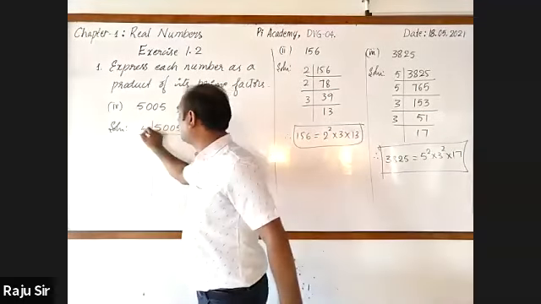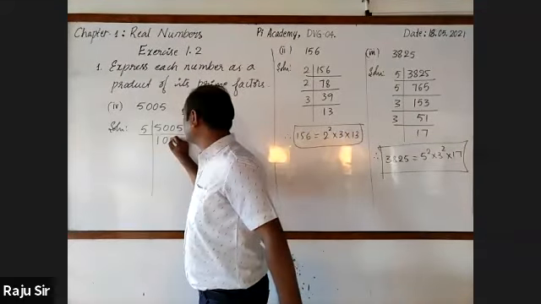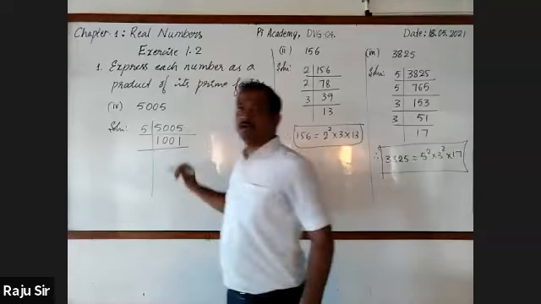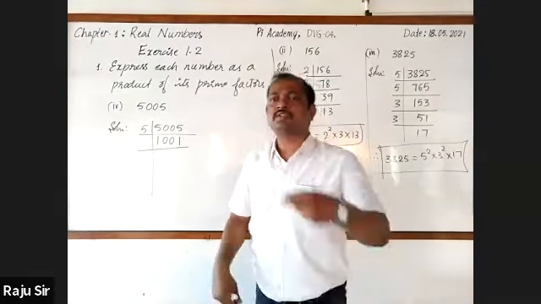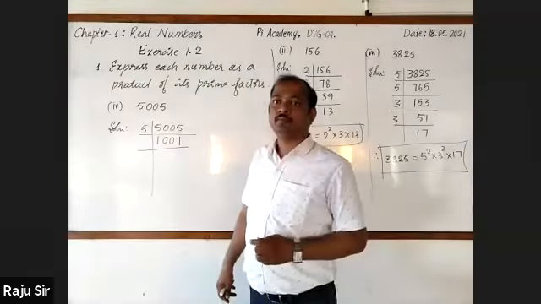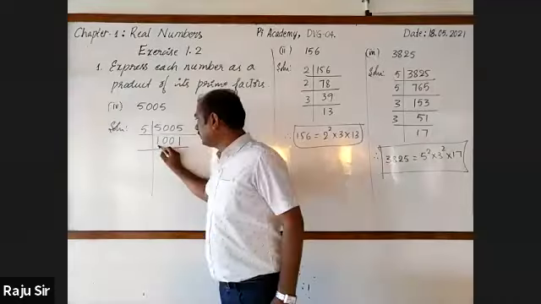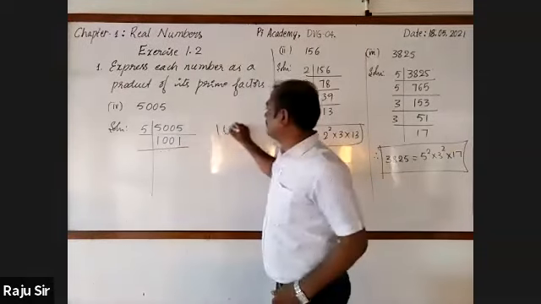Start dividing by 5. 5 ones are 5, zeros, 1001. Is it divisible by any number? You can just recall the divisibility rule. 7. 7 sevens are 49, very good. Here 1, 0, 0, 1 is there.